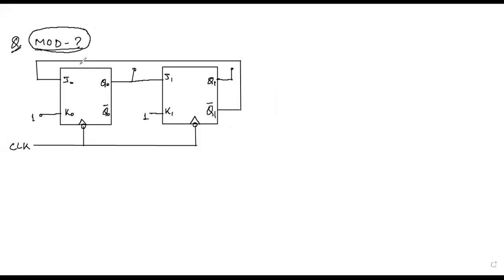If I say the set of output conditions is 0 0, in that case what are the outputs? What do we have to do for that? Sir, make a truth table. Yes, that is what we have to do. We are assuming initially that the outputs are 0, because in this particular circuit, no clear or preset is given. If clear or preset were given and active, we could have assumed 0 or 1 accordingly, but we are assuming that the outputs are 0 0 initially. So I am assuming that Q0 and Q1 are 0, 0.